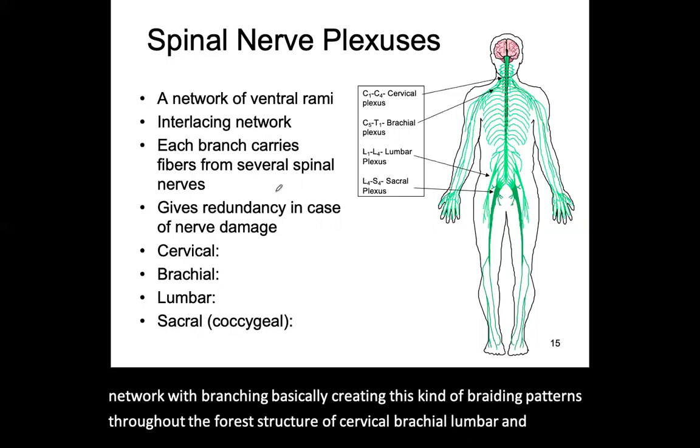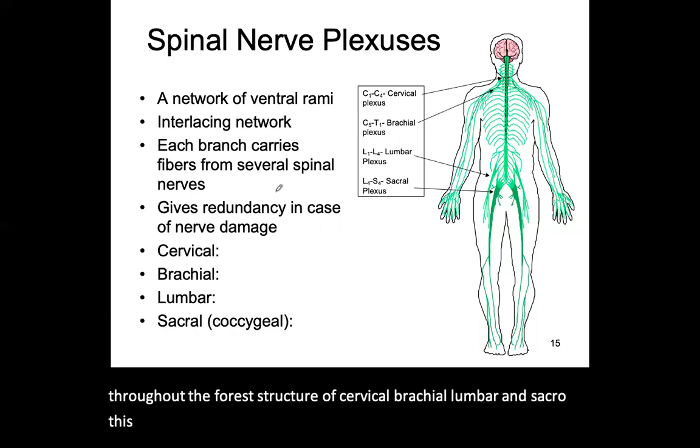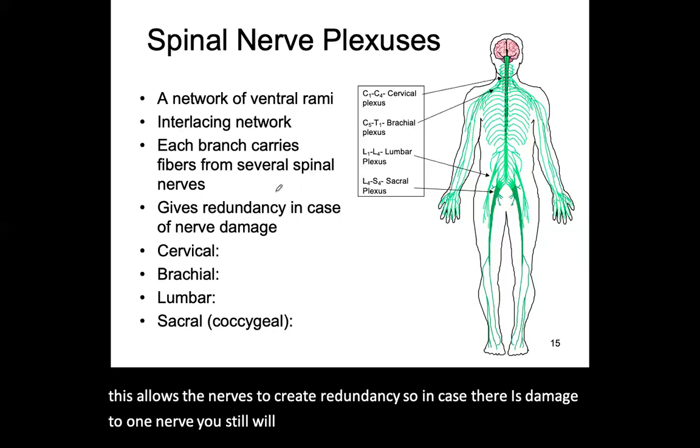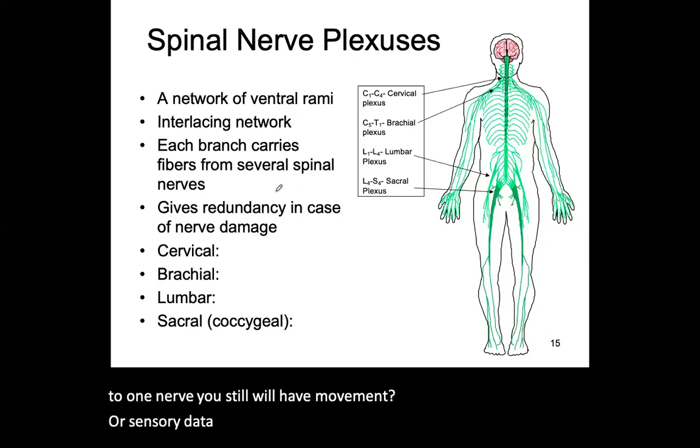This allows the nerves to create redundancy. So in case there is damage to one nerve, you still will have movement or sensory data from the same area. And again, as it says, there are four branchings: the cervical, brachial, lumbar, and sacral.